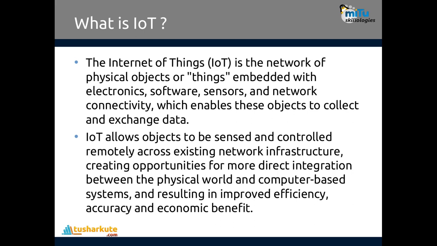These are the prime advantages that we can take from IoT: improving the efficiency and accuracy of the results, as well as the economic benefit, because human effort is reduced and the number of employees that we are going to have there will be reduced. We'll be creating an automated system. So with the help of that, IoT can result in efficiency, accuracy, and financial benefit.